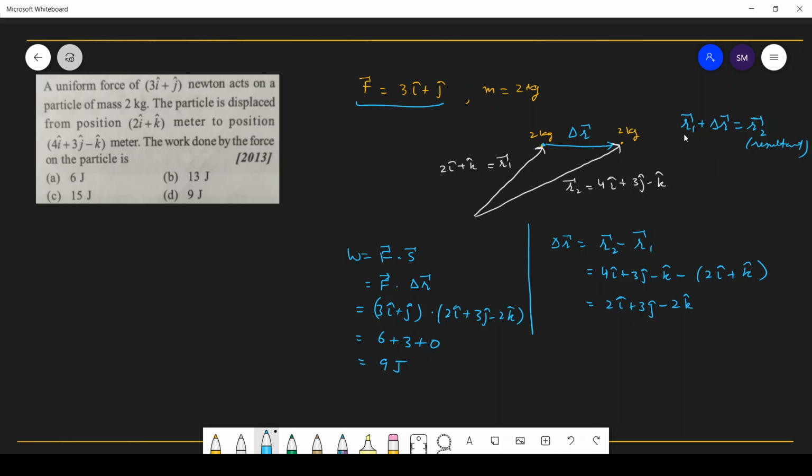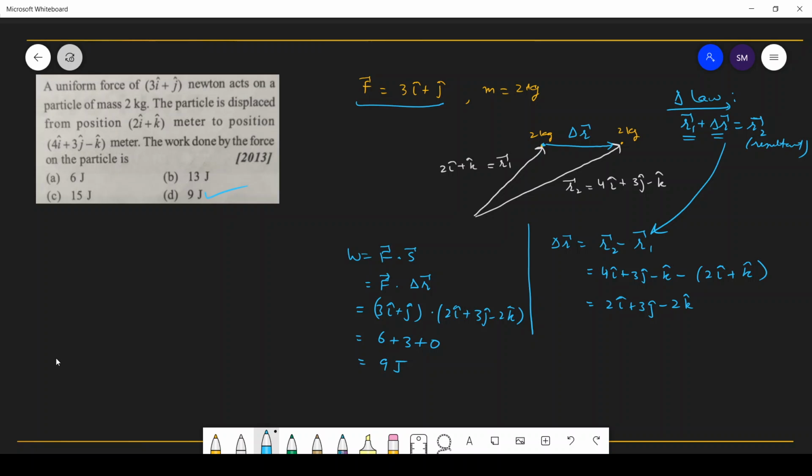So delta R is equal to R2 minus R1. This is by the triangular law of vector addition. Okay, students? Any problem? No, sir. So that was the question of dot product.